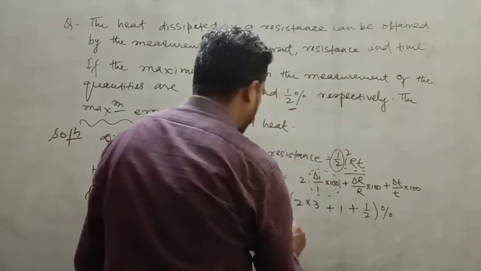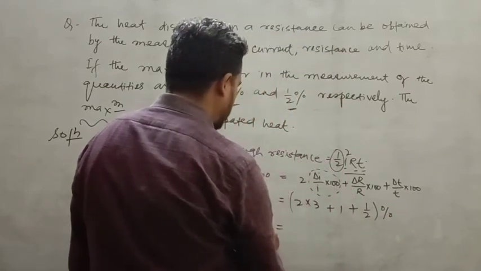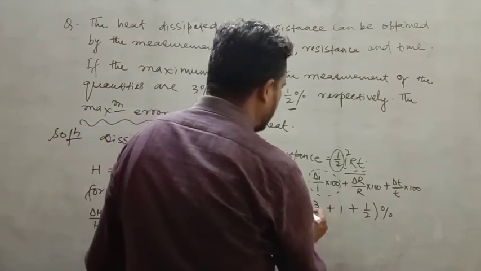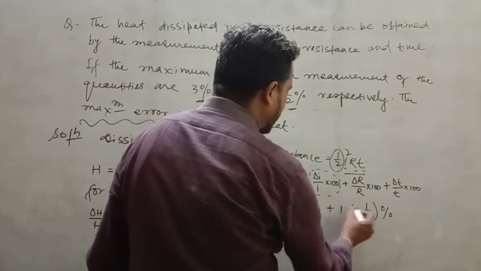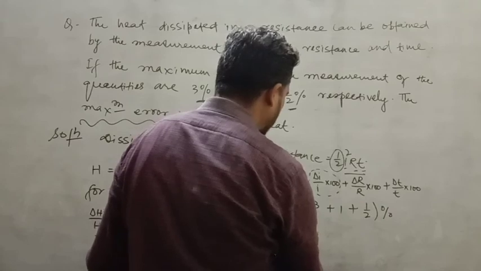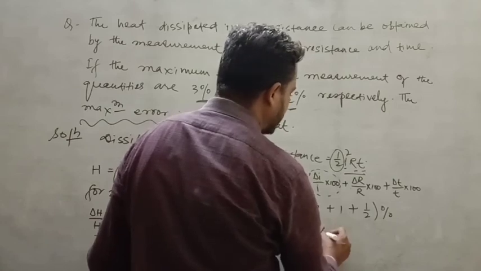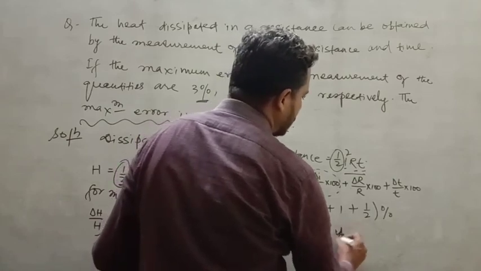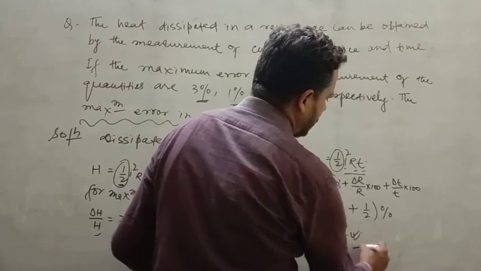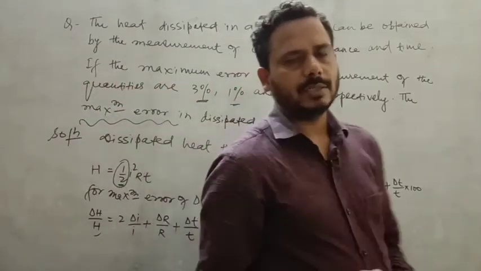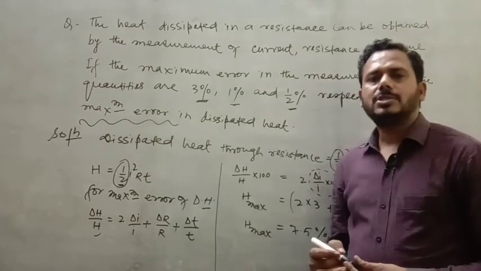Alright, so your maximum heat dissipated is 3 times 2 is 6, plus 1 is 7, and half, that is 7.5. So 7.5% is your answer and this is your result. Alright, so this is the way of solving the problem, whatever your question asks, you have to go through that.